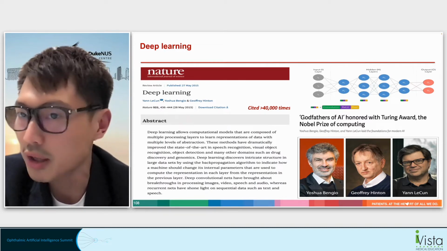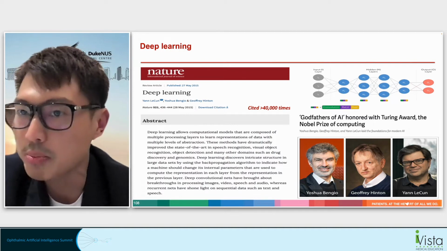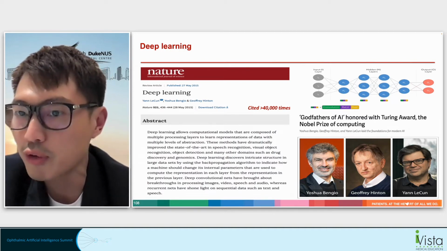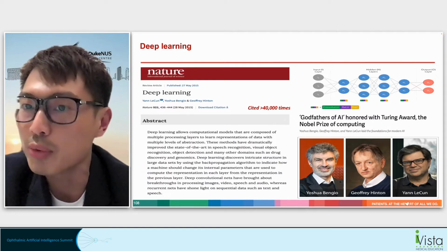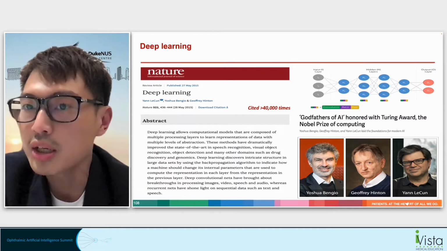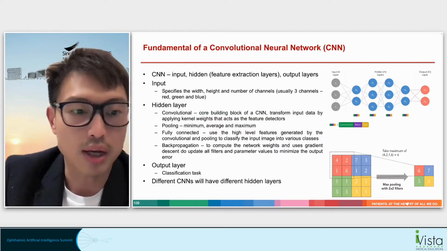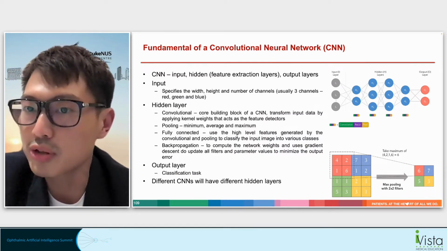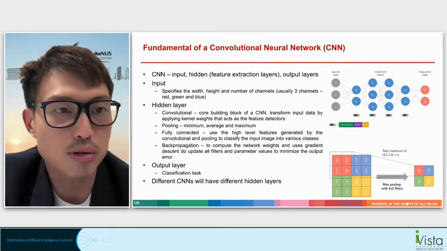This is what I would call a classic landmark paper in deep learning, published in Nature, that's currently been cited more than 40,000 times. It says that deep learning should have the ability to learn and should have multiple processing layers that analyze the data with multiple levels of abstraction. And this has been heavily adopted in many different domains, including speech, image recognition, and natural language processing as well.